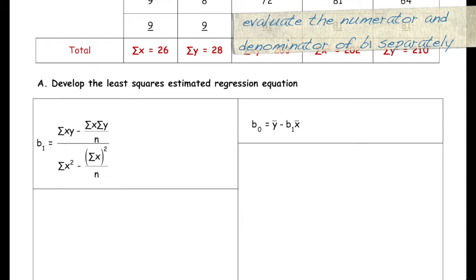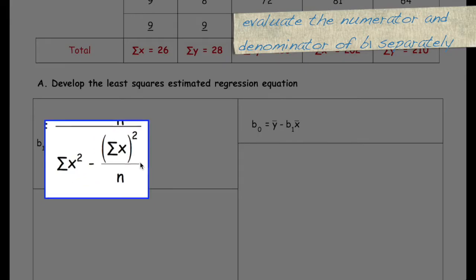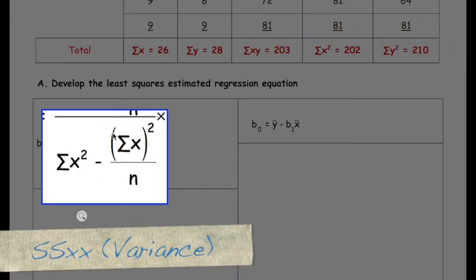The reason for that is because this bottom piece, sum of x squared minus sum of x all squared over n, or SSXX, is used in many other equations in simple regression. So rather than calculating this piece over and over again, you'd rather calculate it once and remember what the value is.